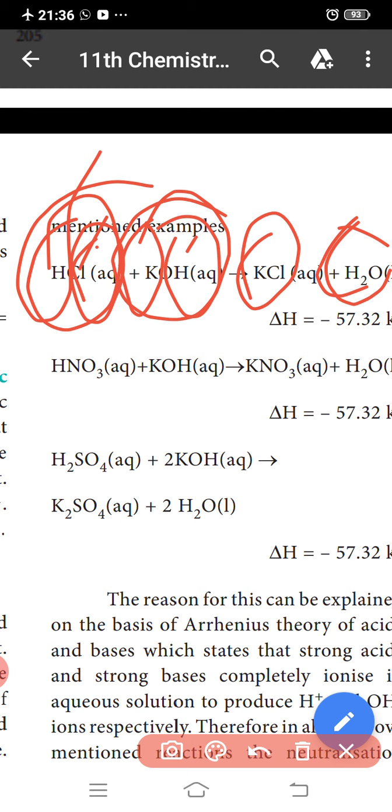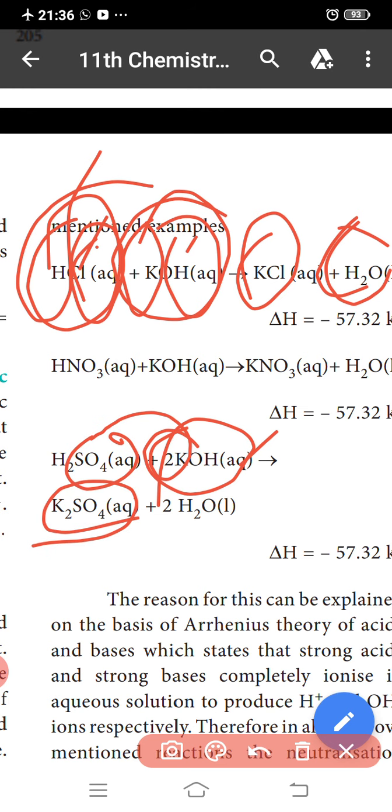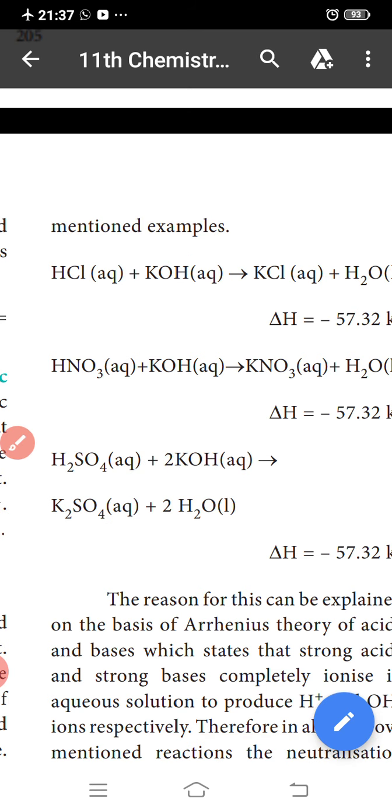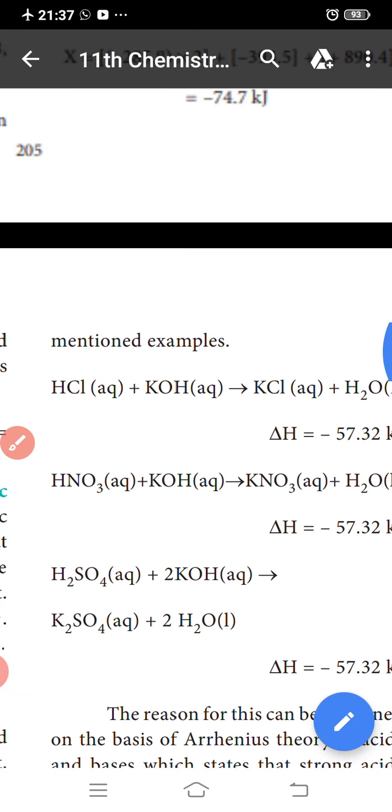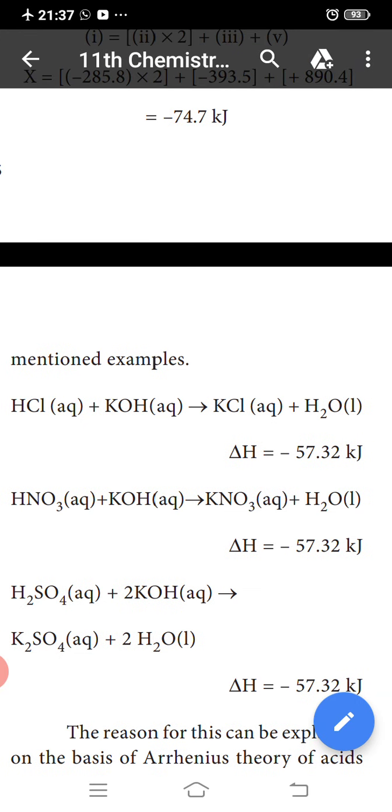Next, sulfuric acid added to potassium hydroxide gives K2SO4 and 2 molecules of water.